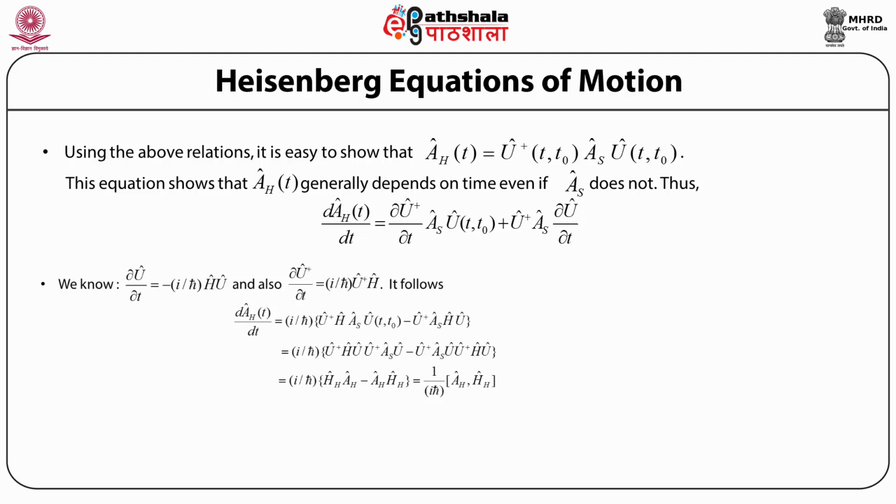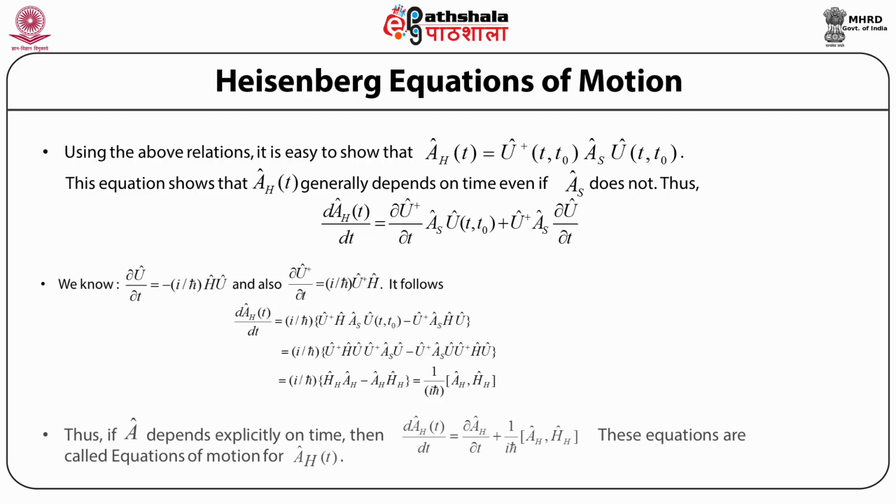So we can write the final result as the time derivative of the operator A_H(t) is equal to 1 upon i h-bar times the commutation relation of operator A_H and operator H_H, where we have taken the i in the denominator so that the sign gets reversed, and hence we get this final commutation relation between the operator A_H and the Hamiltonian operator H_H in the Heisenberg picture.